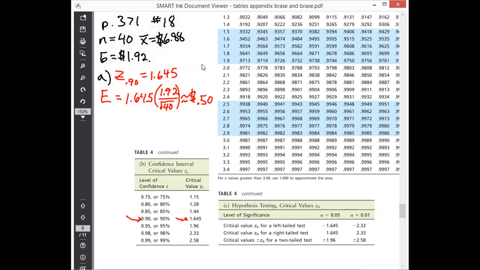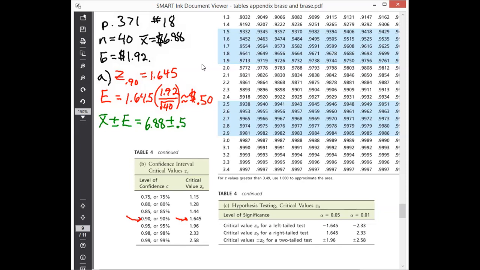And now what we need to do to calculate our interval is find x bar plus the amount of error and minus the amount of error. So that's going to be x bar is 6.88. We're going to add and subtract from that 0.5. I'm just going to write it as 0.5. And let's see what that equals.